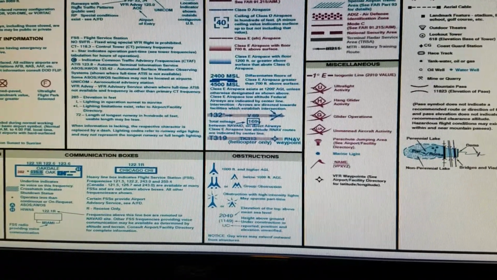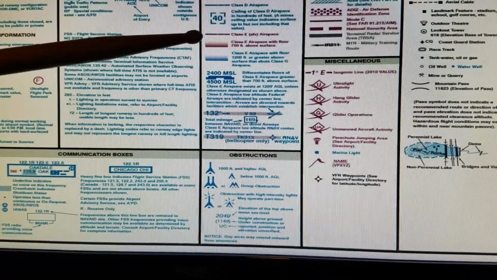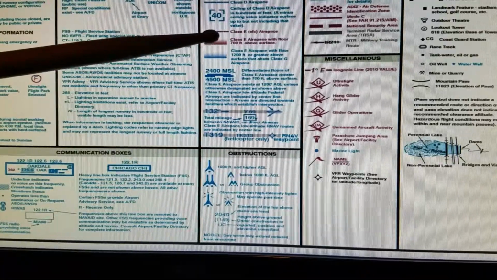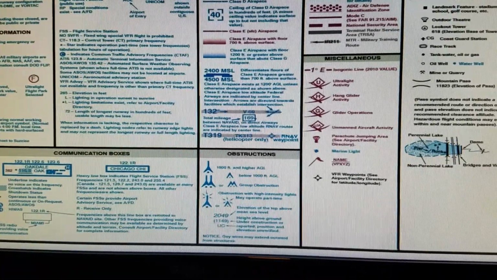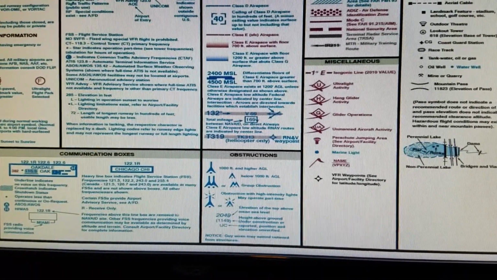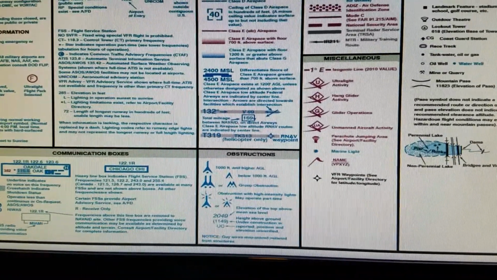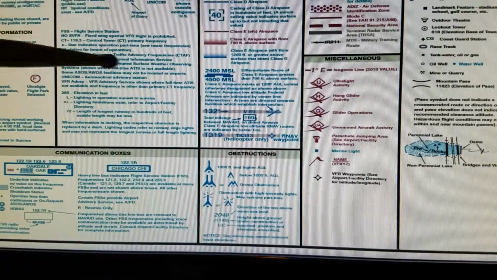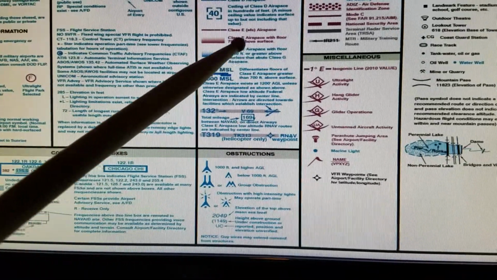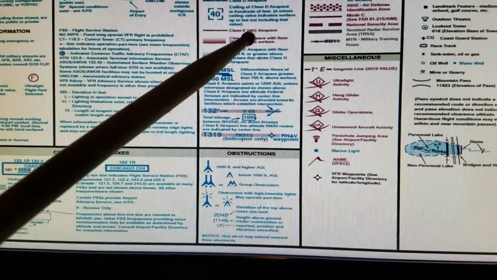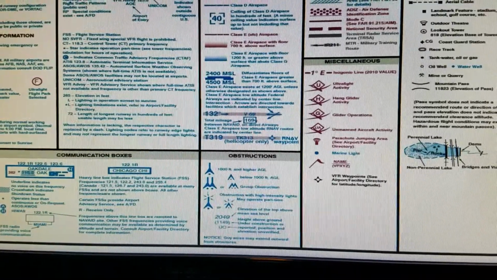And you should also pay attention to the two-stage classifications. That is, one side is solid and one side is faded away, like it shows over here. Class E airspace with floor of 700 feet and above.